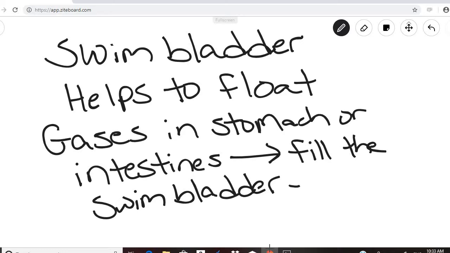And then if the fish needs to rise to the surface of the water, then the air bladder or swim bladder will be filled with these gases. And when they want to sink toward the bottom, they would release those gases from the air bladder.